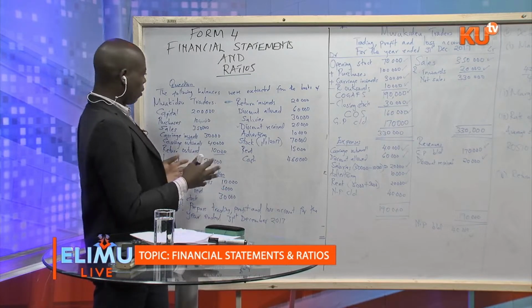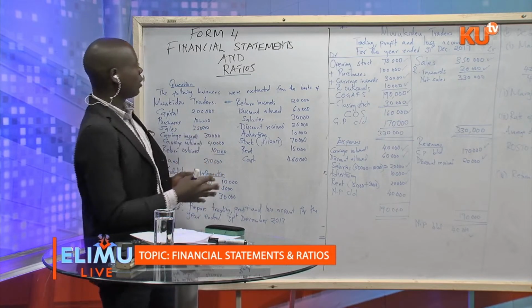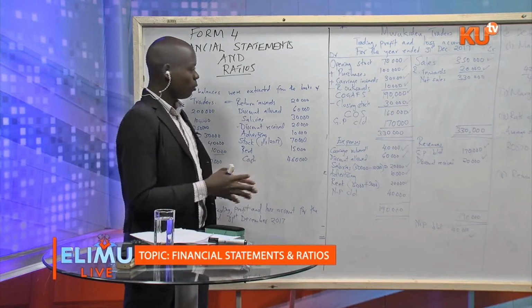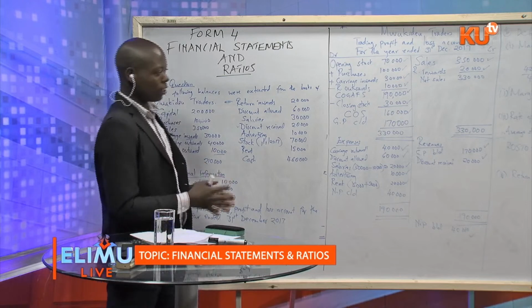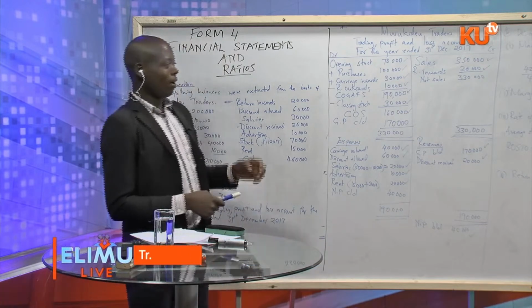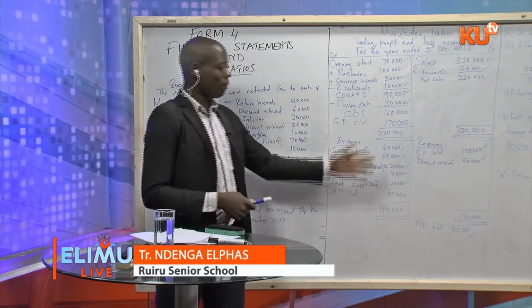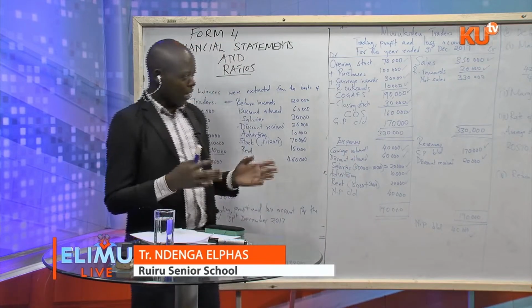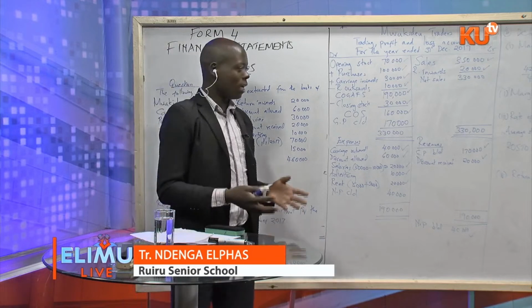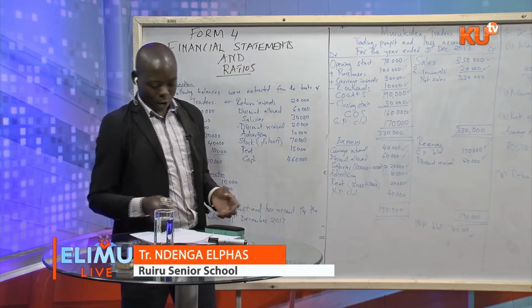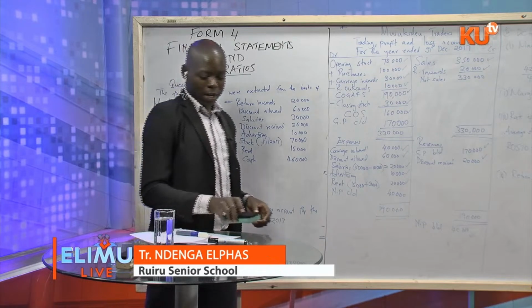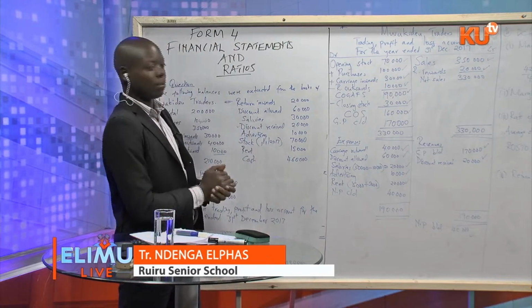I think this now is enough for the topic, financial statements and ratios, where then we come to the end of our lesson today, where we've been able to analyze the 5 areas of testing in this topic. So next time we'll be able to look at something also different in accounting and see how we calculate or bring out statements that are required in this subject.